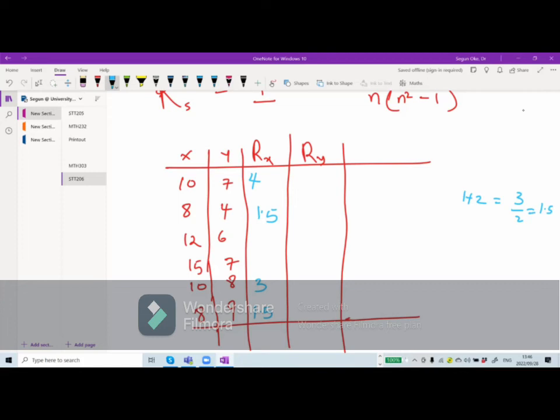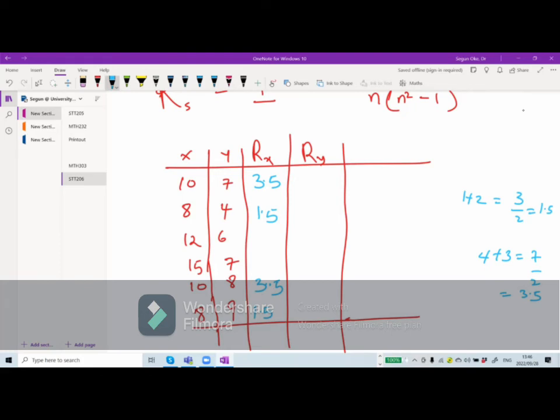So you can see it's 10, 10, which is 3 plus 4 equals 7, divided by 2. The value is 3.5 each. So this one will carry 3.5, and this one will also carry 3.5. This is number 4. I'm lost.